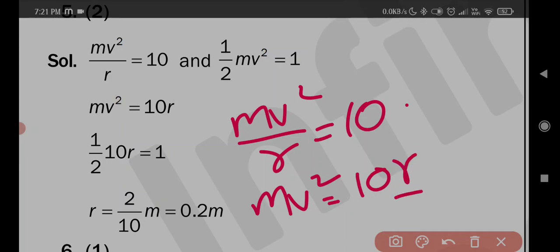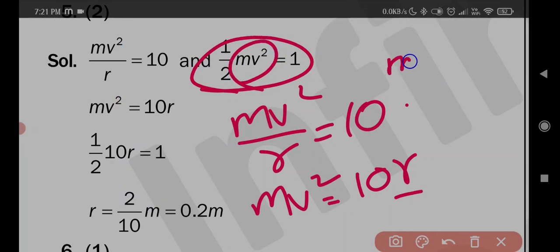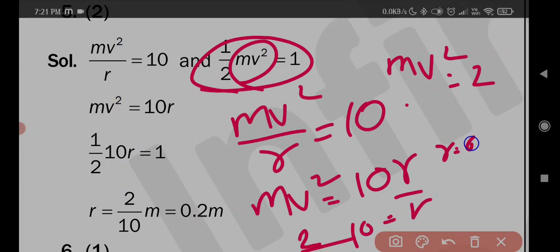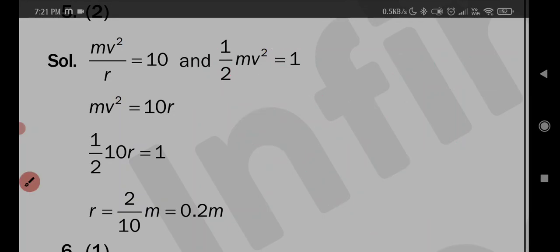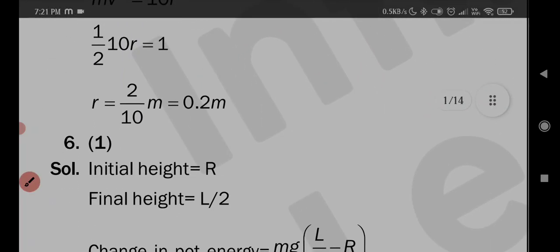From kinetic energy, half mv square is 1, so mv square will be 2. So 2 by 10 is r, and r is equal to 0.2. So the answer is 0.2, it's correct, guys.